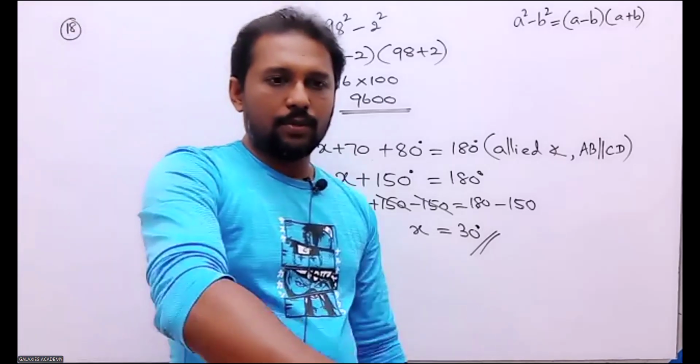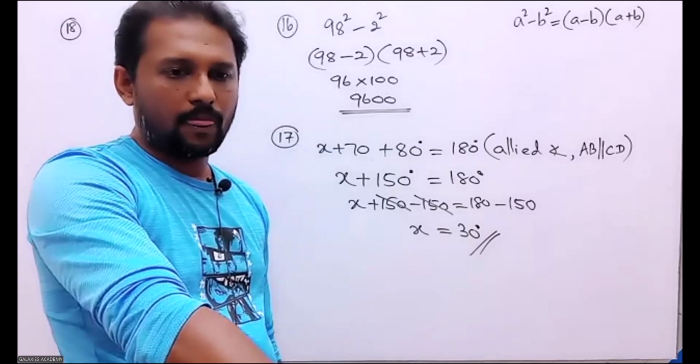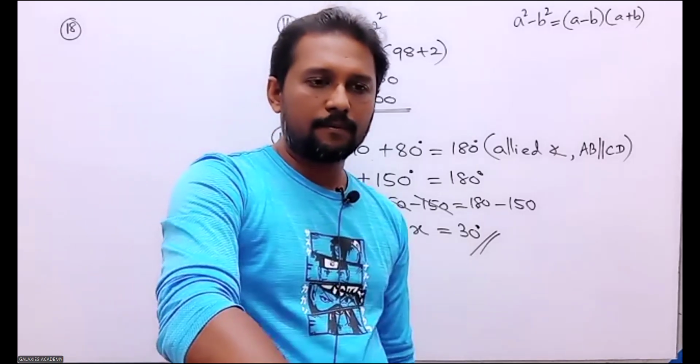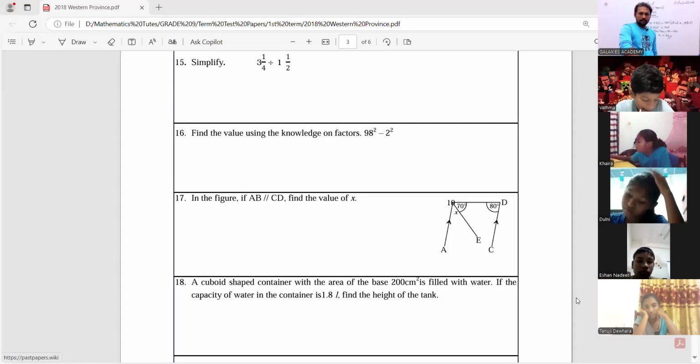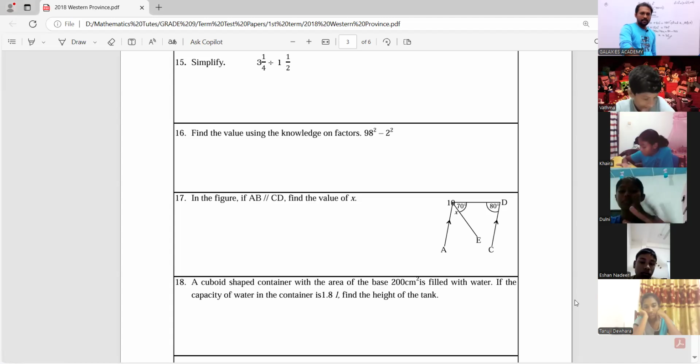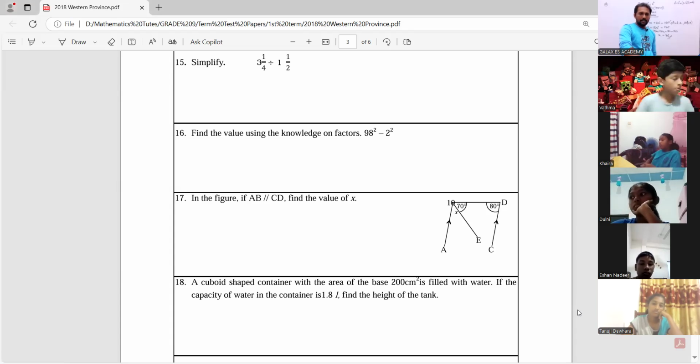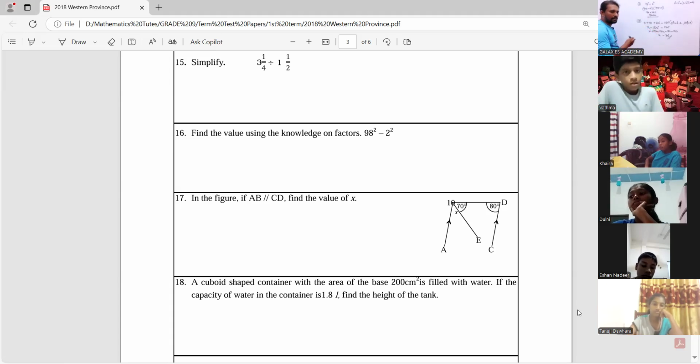Right. Then let's go to number 18. Question number 18 is given. A cuboid shaped container with the area of the base 200 square centimeters is filled with water. If the capacity of water in the container is 1.8 liters, find the height of the tank.